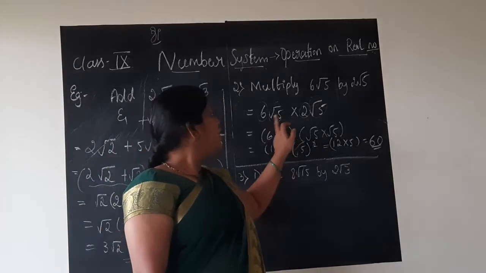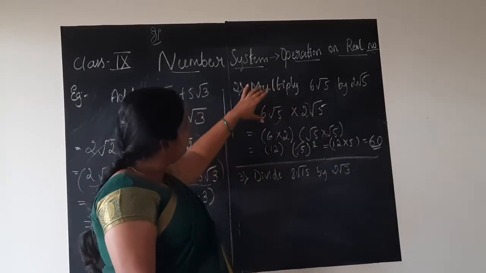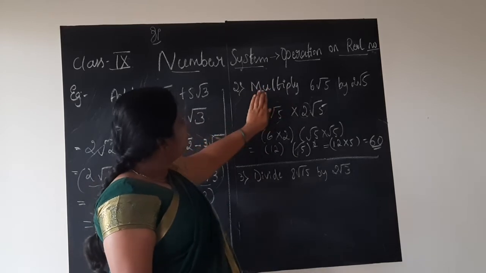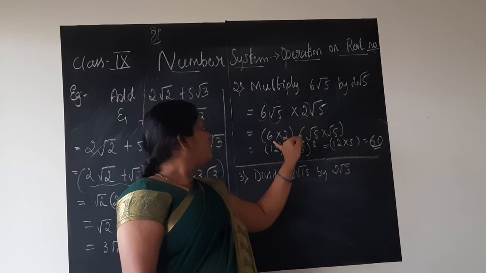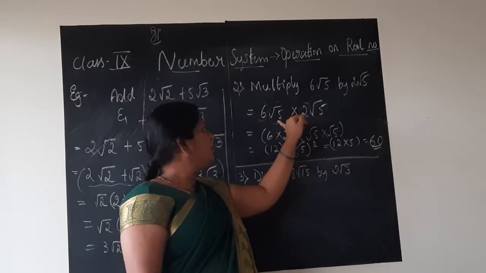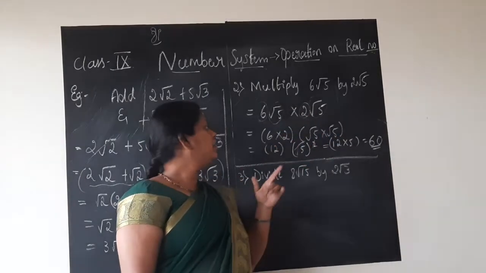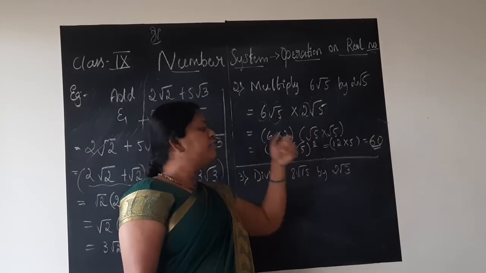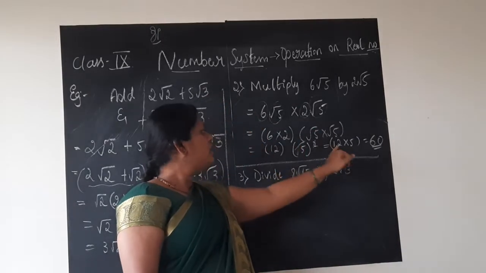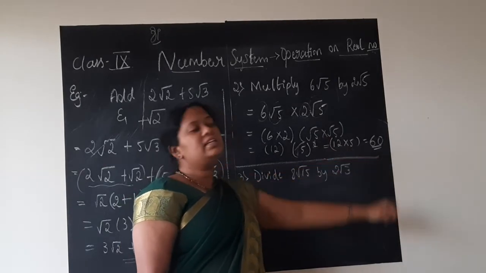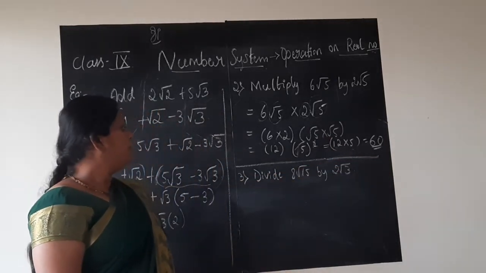In that case, you need to multiply all the terms. So, what we are doing is, along with root 5 or whatever the square root of that number is, those numbers we take first, multiply them separately, and root numbers together we multiply. 6 2s are 12, square root 5 into square root 5 is square root 5 whole squared, the square root gets cancelled, means 12 into 5, 12 5s are 60. This is how we do.